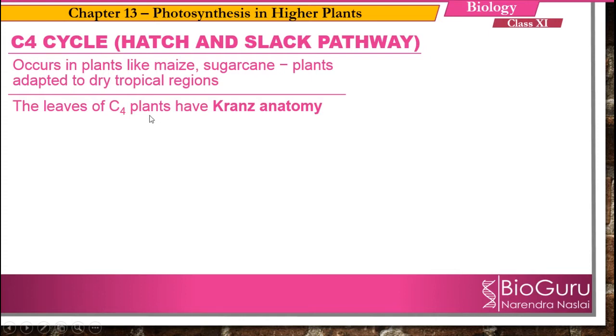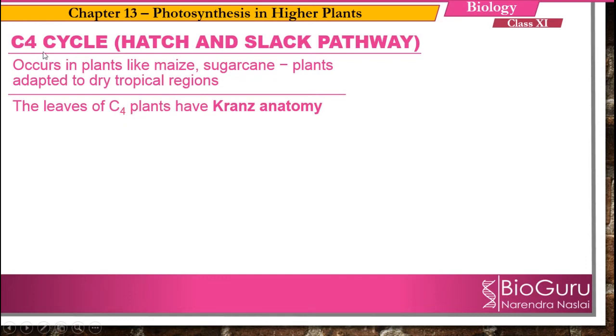Now here, the term C4 plants. Why are these plants called C4 plants? It is because they show a specialized cycle, the C4 cycle, for dark reaction. Hence, such plants are called C4 plants.